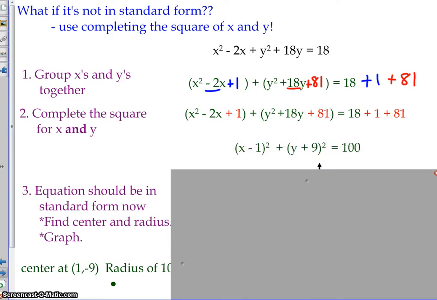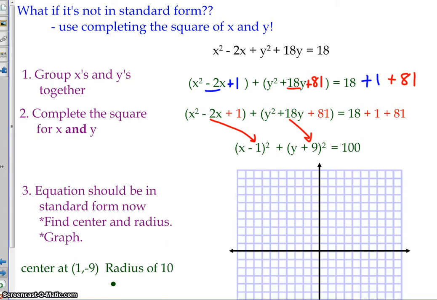Remember, it's always half of your coefficient of x, and half of the 18 here would be the 9. Now you can see that it really looks like our standard equation. Now I can derive from there and say, great, now I can graph it. I can look at this and say I have a center at (1, 9).